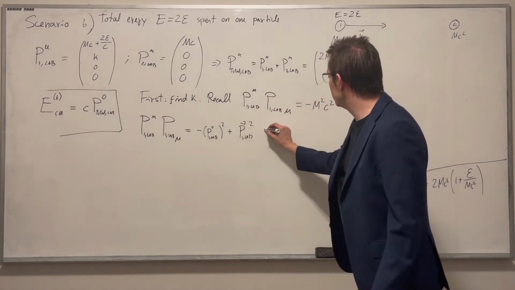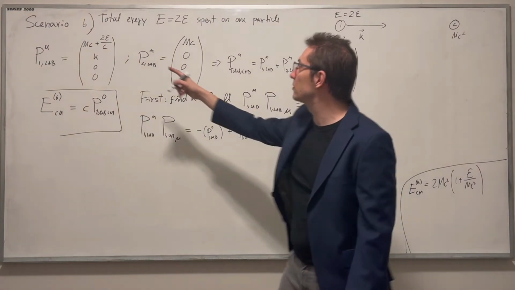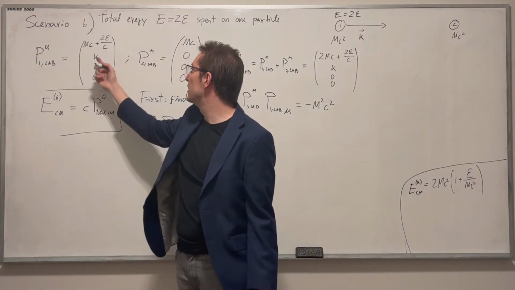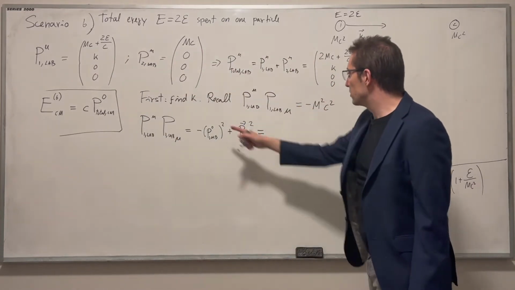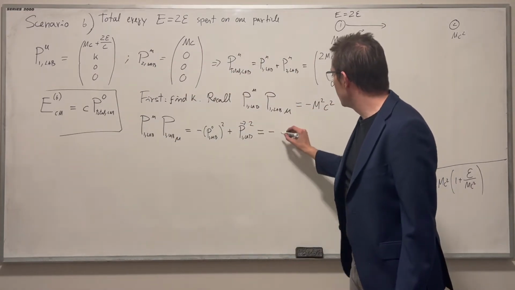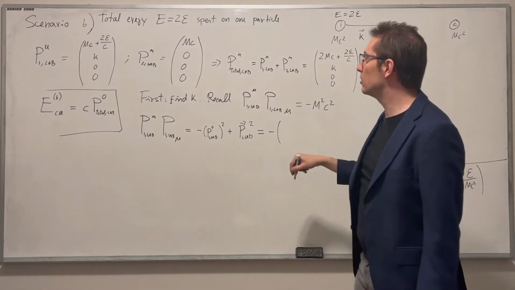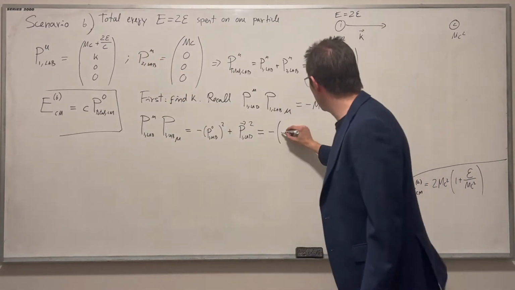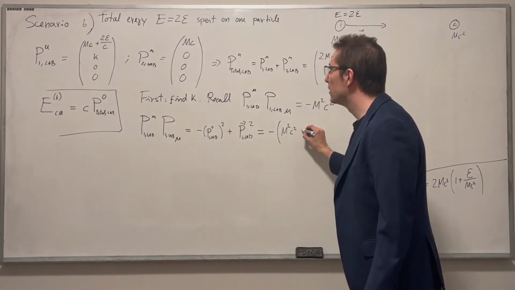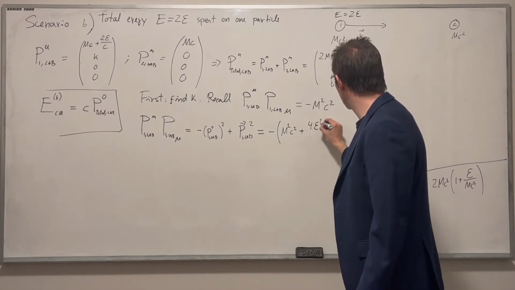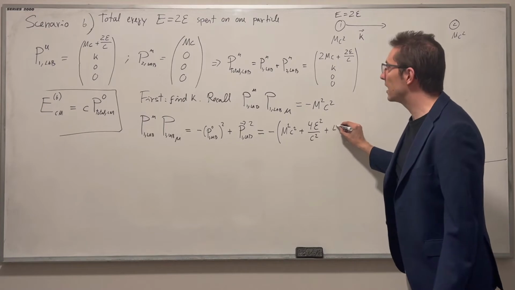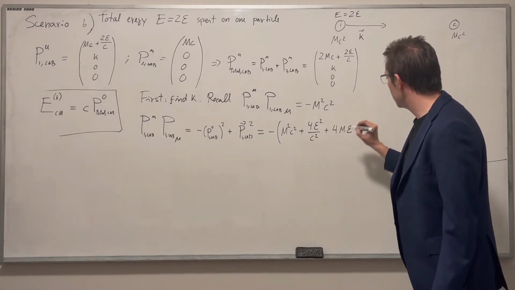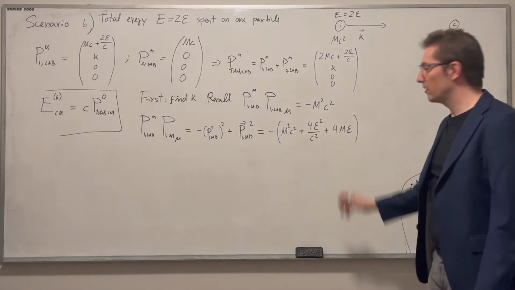Let's substitute. This is the P^0 component, and this is the spatial component, which is only one component, K. So let's write first minus P^0 squared, which gives m squared c squared plus 4E squared divided by c squared plus 4 times mE.